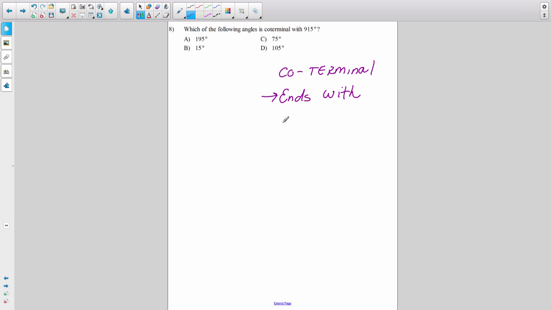So you can find them by just going around the block one more time in any direction. So let's say this. You can find them by adding or subtracting 360 degrees.